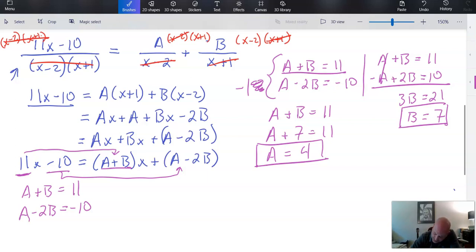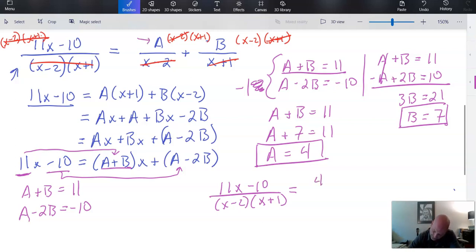What we were trying to do is break this thing apart so that the denominators of the new fractions are the factors of the denominator of the old fraction. So now that we know A is equal to 4, we just plug A in here.